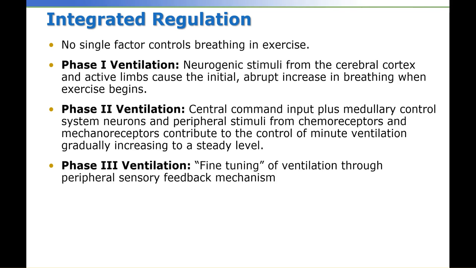Phase 2 ventilation: central command inputs plus medullary control system neurons and peripheral stimuli from chemoreceptors and mechanoreceptors contribute to the control of minute ventilation, gradually increasing to a steady level. Phase 3 ventilation: fine tuning of ventilation through peripheral sensory feedback mechanisms.